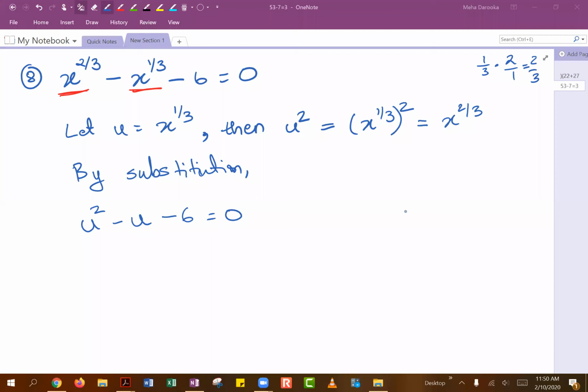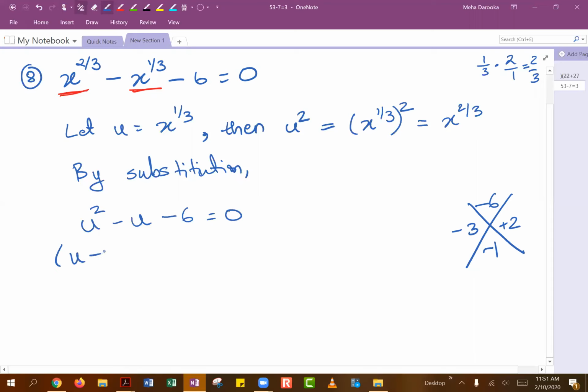Okay, so just looking around, we are trying to find two numbers that multiply to give us -6, and since there's no number on that middle term, it's understood to be 1, which means you're looking for two numbers that multiply to -6 and add to -1. I think the other way, right? -3, +2, because we want the larger number to be negative, so our 1 will stay negative. Okay, so the factors are going to be u -3 and u +2.